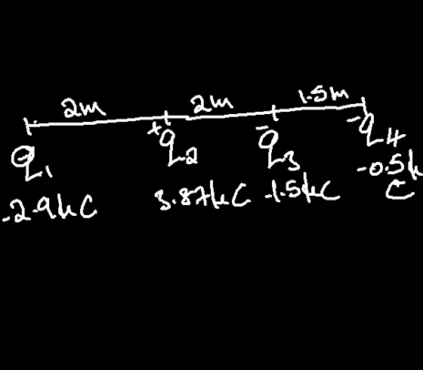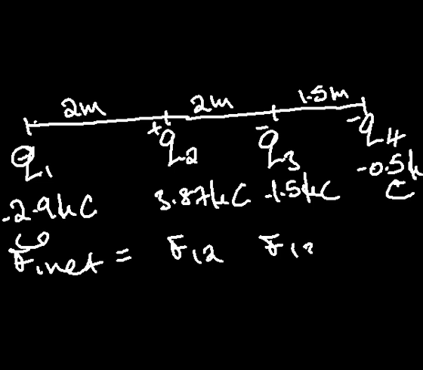Now, what is the net force acting on charge 1 due to the other charges? That is F1 net, due to the other charges. Have it as F12, F13, and F14, and let's see the signs corresponding to the directions of these forces.